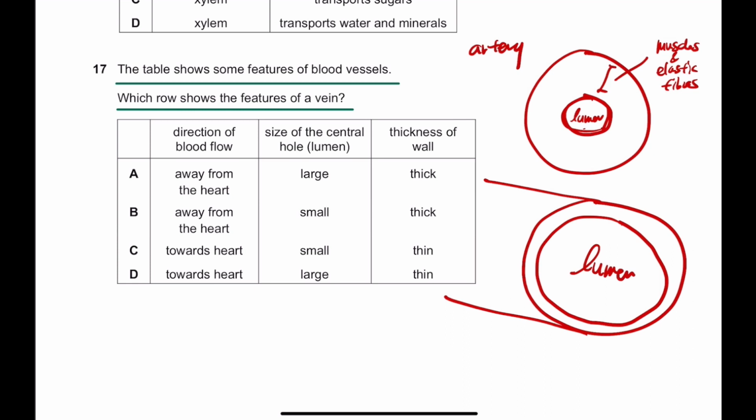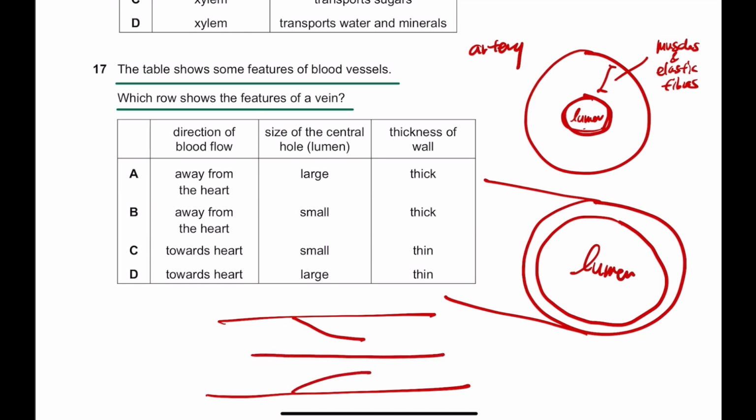And because of the lower pressure, there's always a possibility of blood flowing backwards. So in order to prevent the blood backflow, there are valves. The valves close when the blood tries to flow backwards.